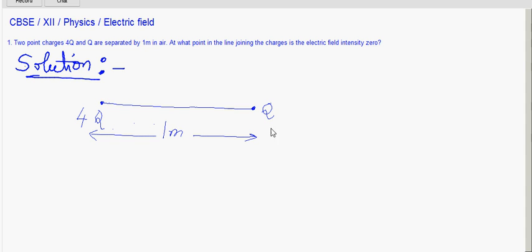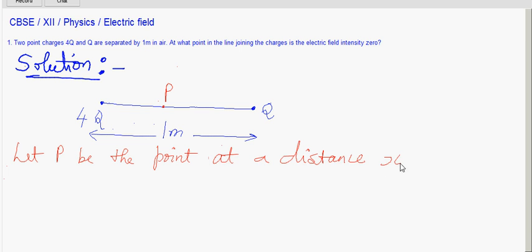Now let us consider any point P. Let P be the point at a distance x from 4q.